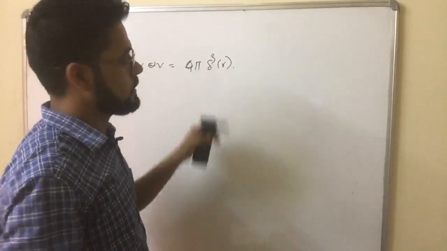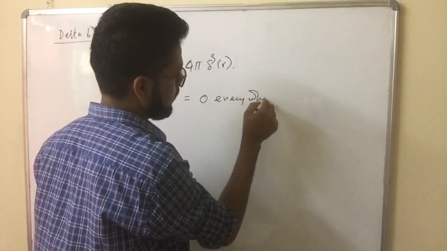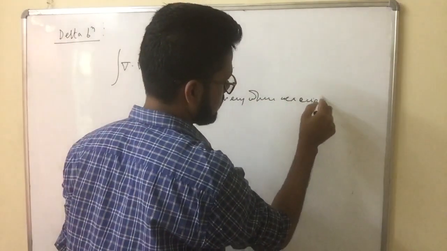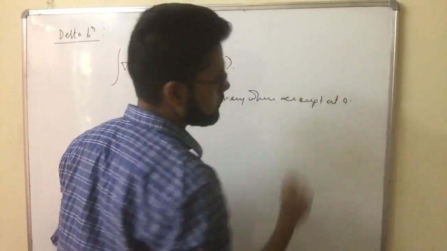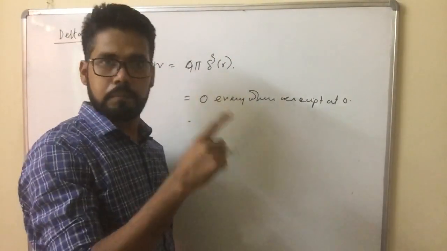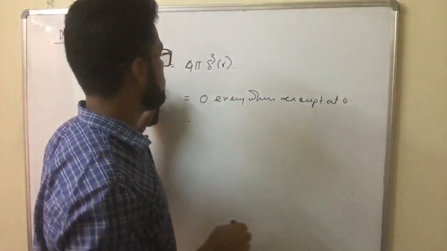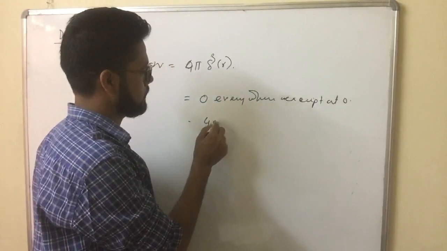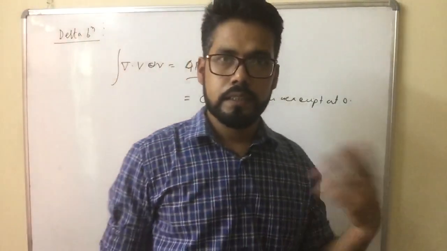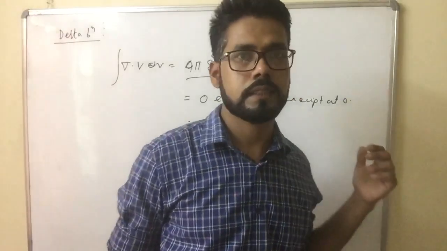That means it is 0 everywhere except at the origin. Everywhere it is 0, but at the center of the sphere this value is not 0, it becomes 4 pi. This is represented by the delta function. That is why the delta function has to be adopted in this calculation.